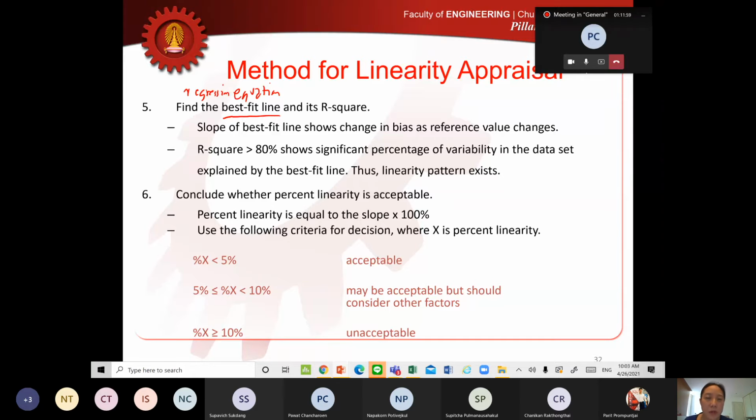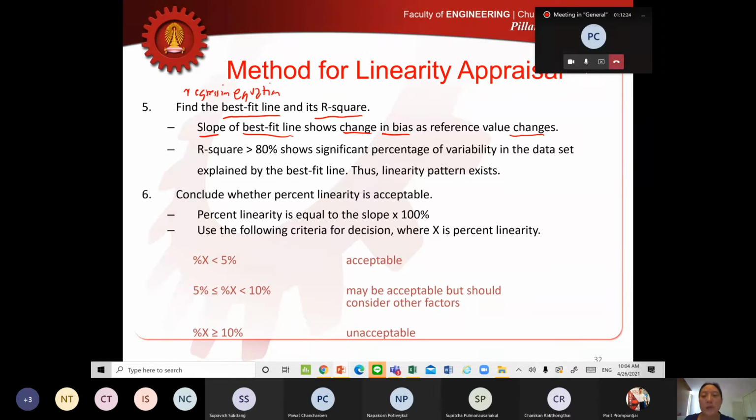You have learned about regression equations before, right, in a statistics course. And find out the R-square value. I will talk about that. And then the step is that the slope of the line shows you the change in the bias when the reference value changes, right.